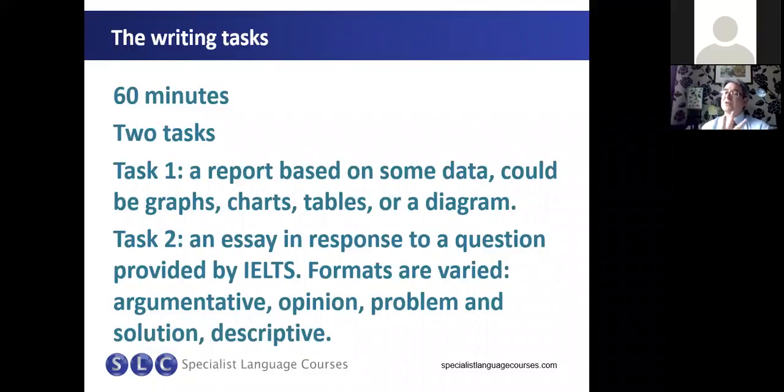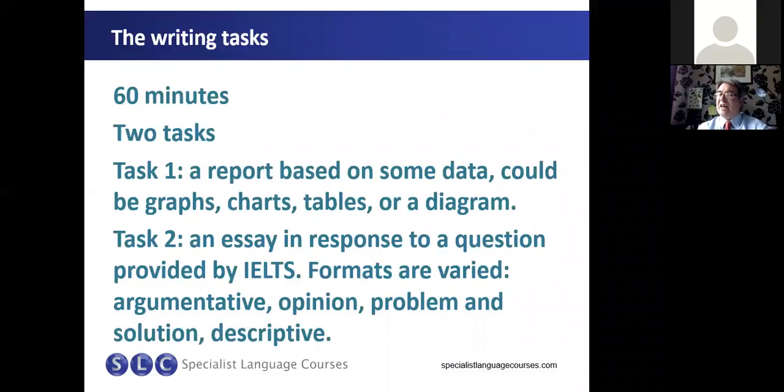Could be tables where you don't get anything graphical, but everything's in numbers. There's usually less information on those, or it might be one of the different types, diagrams, maps, or processes, cycles, that sort of thing. It's quite important. Task 1 is not to be ignored, but task 2, the bigger one, people tend to spend more time on this. So let's have a look at this.